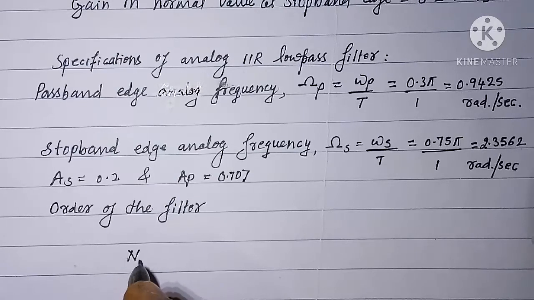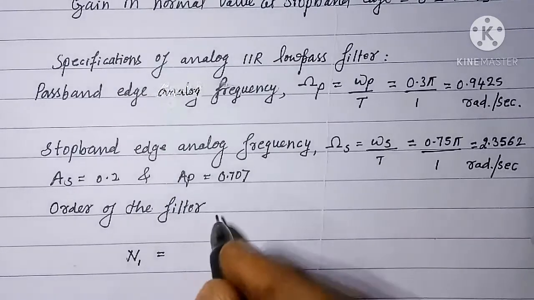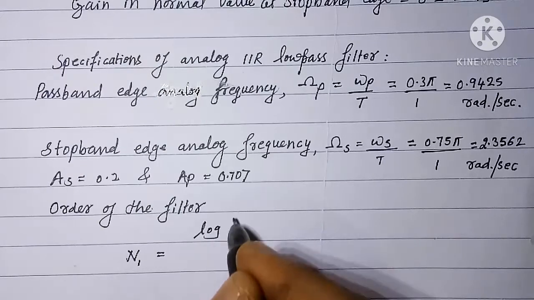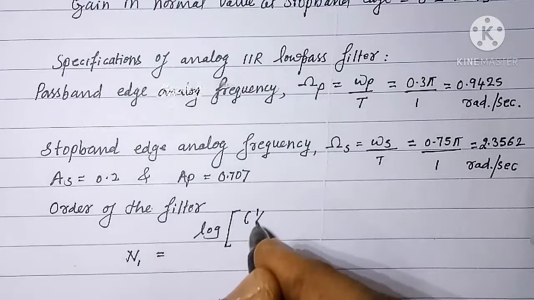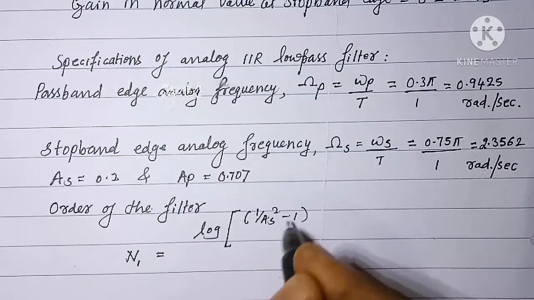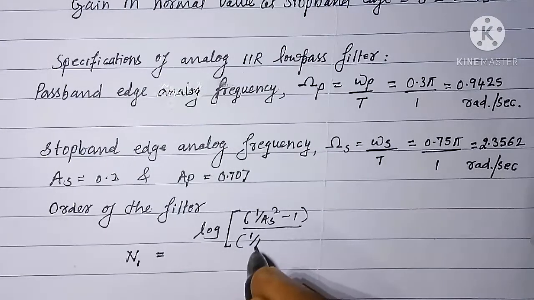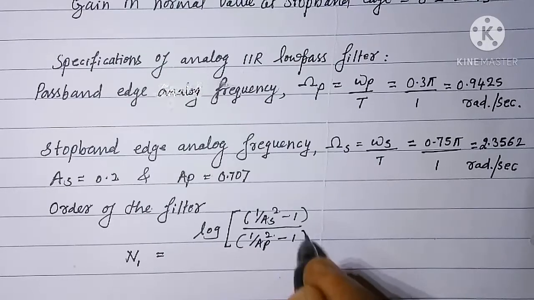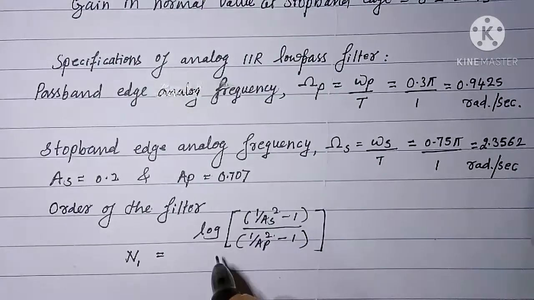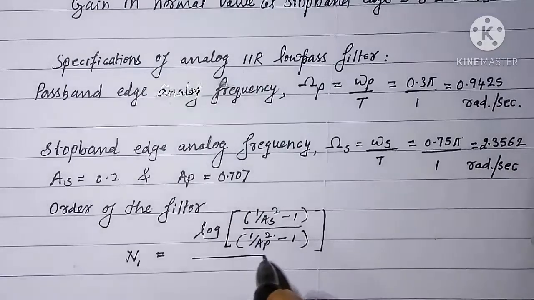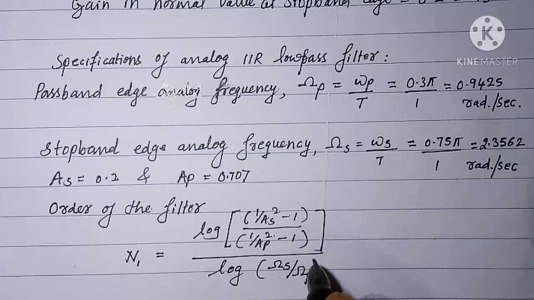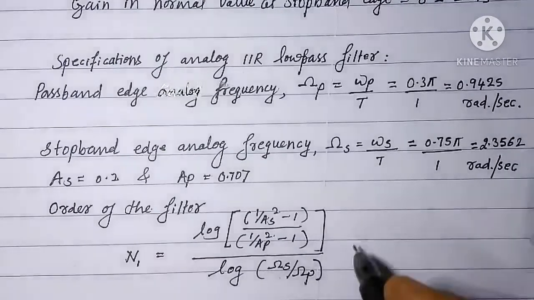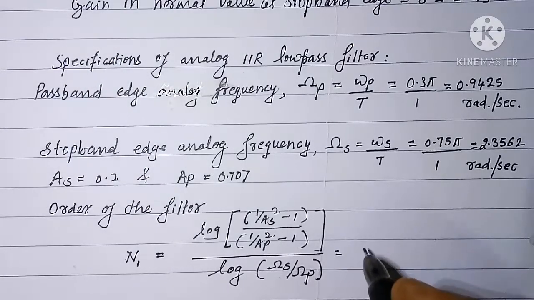We have N1 equal to log of 1 by AS square minus 1 upon 1 by AP square minus 1 whole divided by log of omega s by omega p.